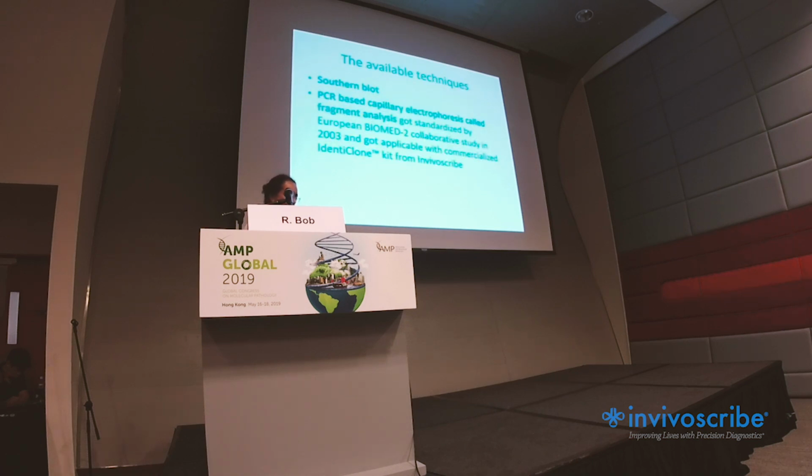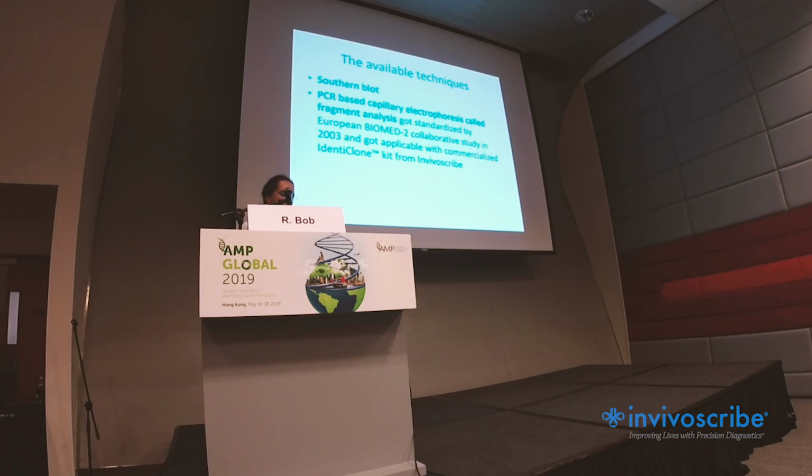The available techniques: the first one was Southern blotting, but it needed a high amount of DNA and was not practical for daily diagnosis. So the next technique was quite good, PCR-based capillary electrophoresis called fragment analysis, which got standardized by the European BIOMED-2 collaborative study in 2003, now known as the EuroClonality group.